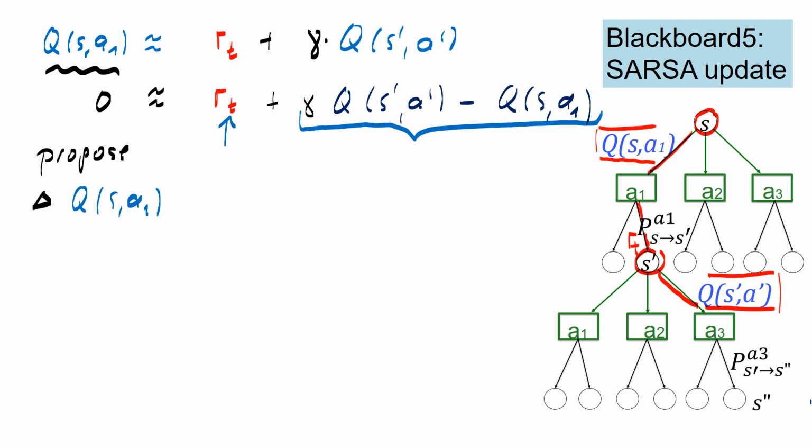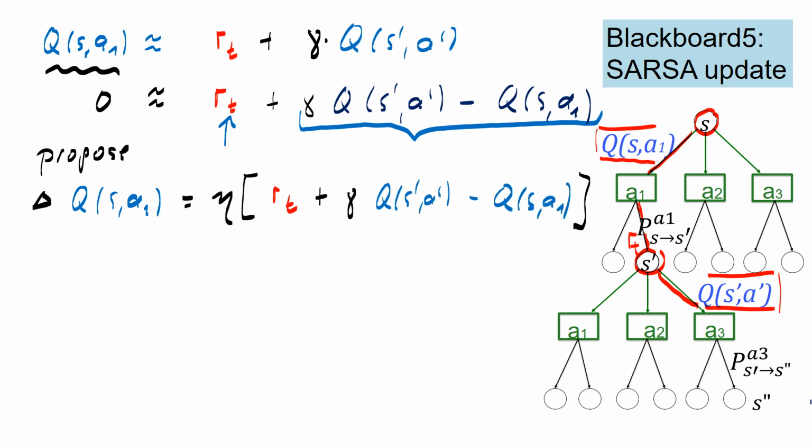So I say let's put in brackets this R_t plus gamma Q of S prime A prime minus Q of S A1. And this is my proposed update rule.